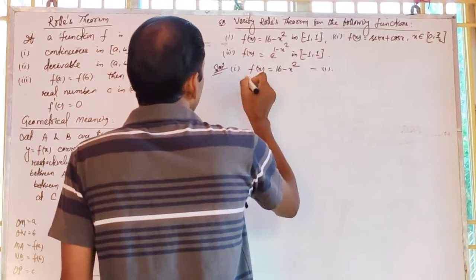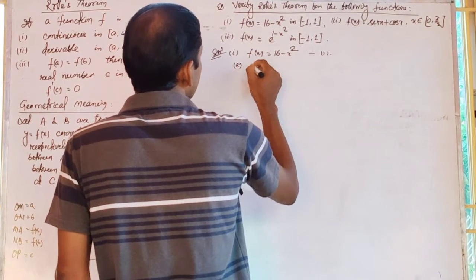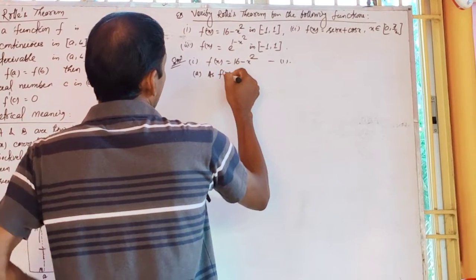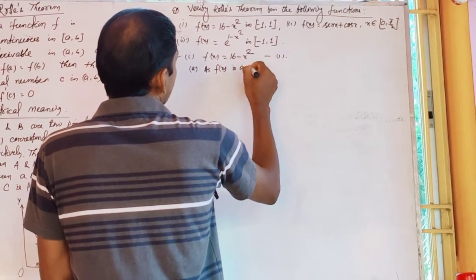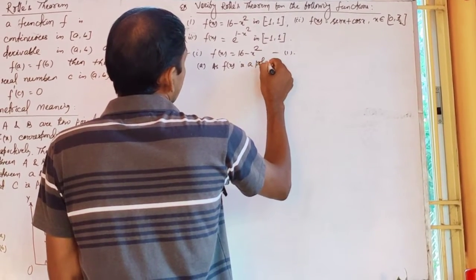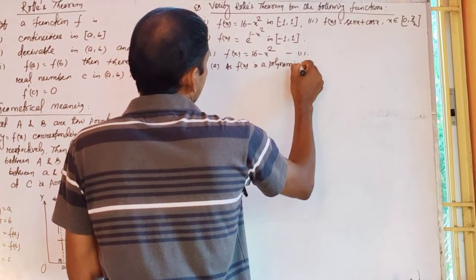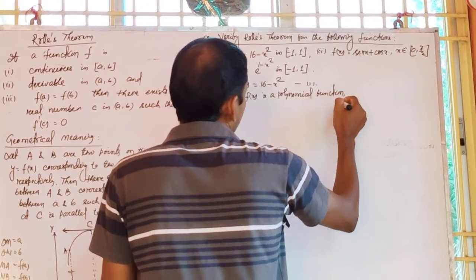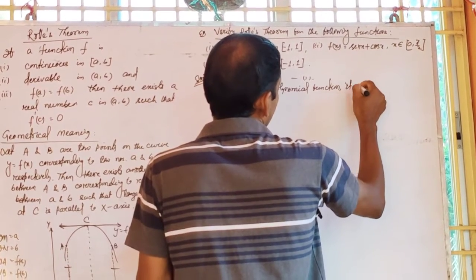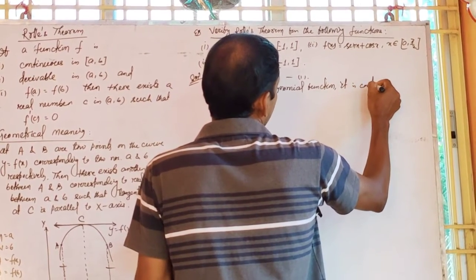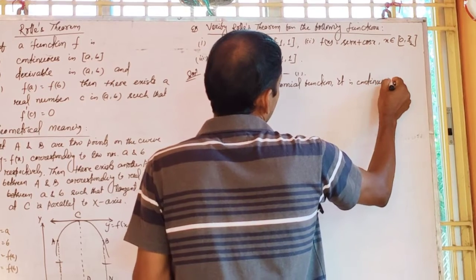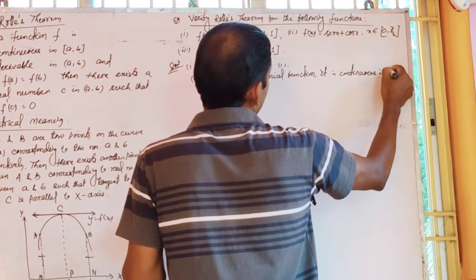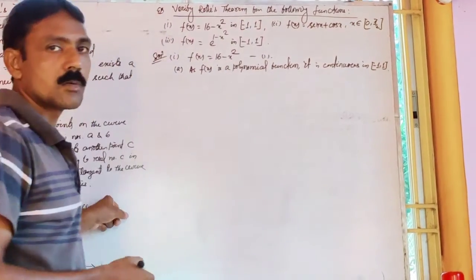So the first condition: f of x is a polynomial function, it is continuous in the closed interval minus 1 to 1.